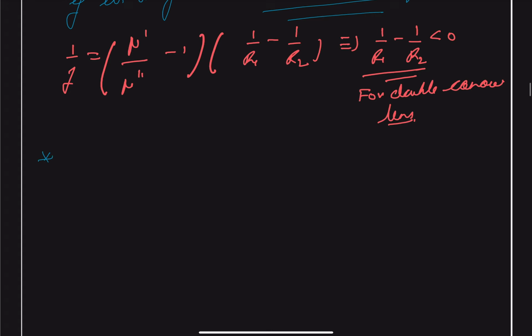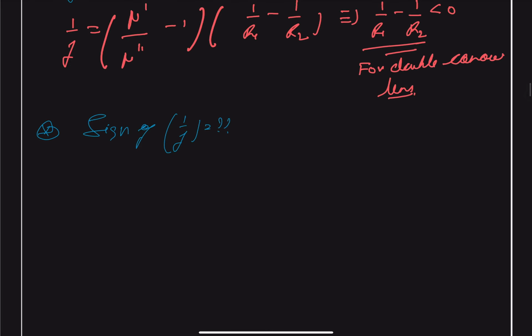You can say that sign of 1 upon f, and we already know that n2 is greater than n1, so therefore n2 upon n1 is greater than 1, or this gives us that n2 upon n1 minus 1 is greater than 0.